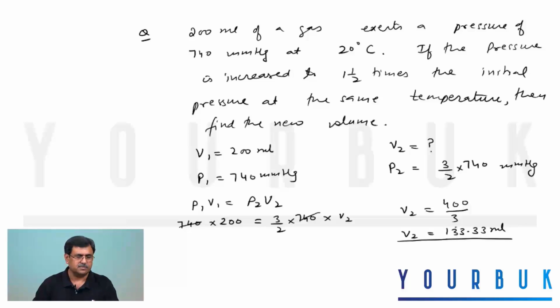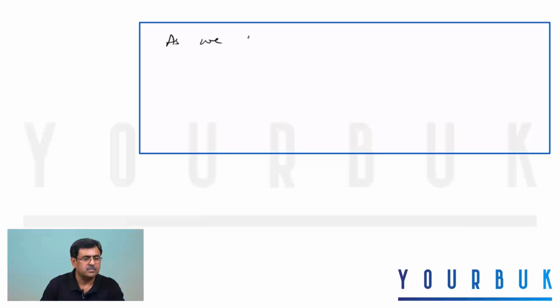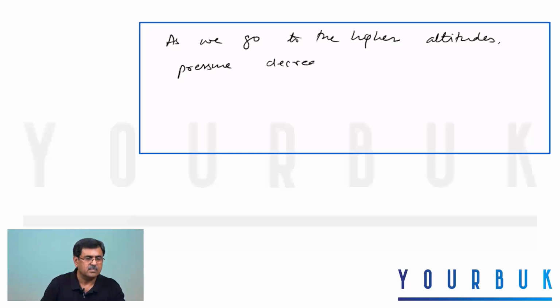And the next is that as we go to higher altitudes, the pressure decreases. So the volume increases, and when the volume increases, the density of air decreases.